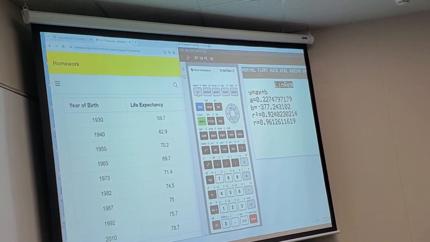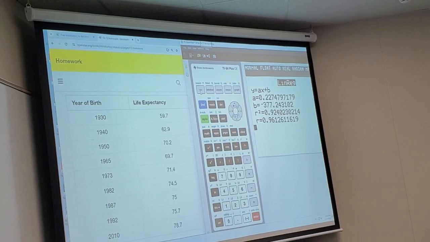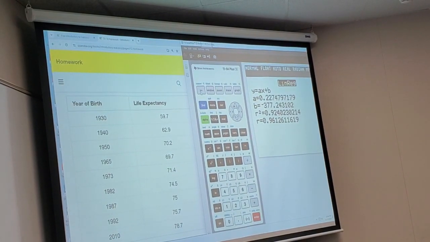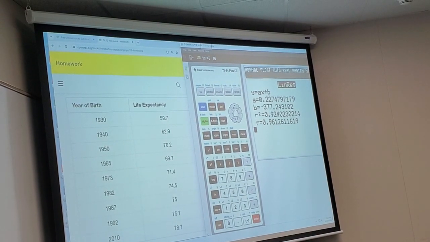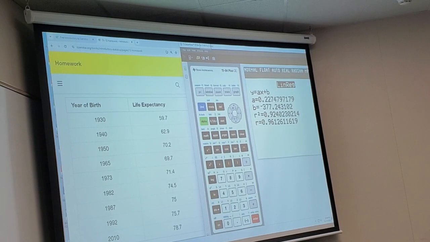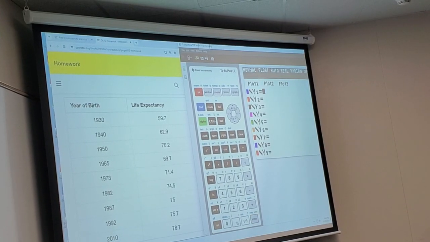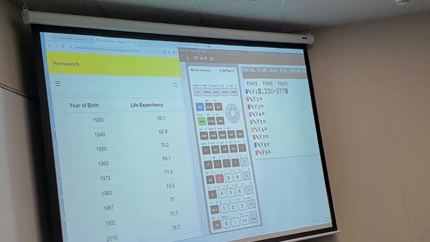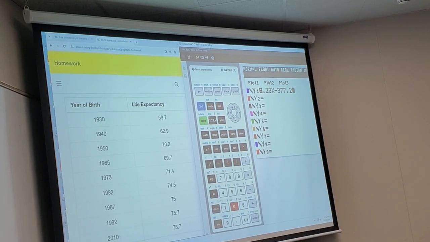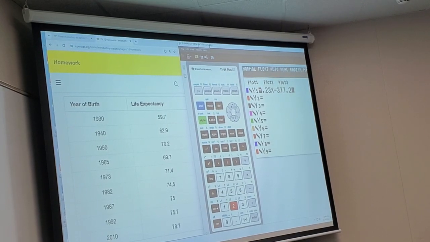What's the line of best fit? 0.23, roughly, right? 0.23x minus 377.2, right? Somebody write that down and tell it to me again. I think it was 0.23x, right? Minus 377.2? All right. It's like I'm good with numbers or something.